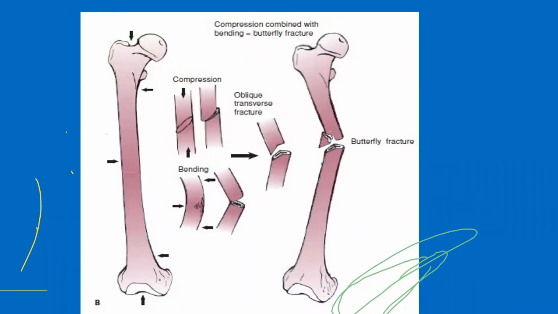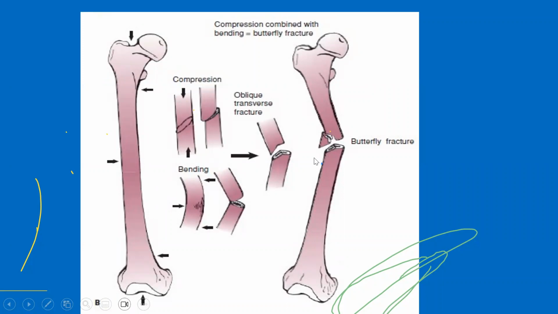Now, if you have a bending force, let's say this is the femur. I hope my pointer points to it. This is intact, but the force is being applied here, and the force being applied here, and the fulcrum is over here. So what happens? You start with the transverse fracture from bending, and it could end up as a bending fracture, which is transverse.